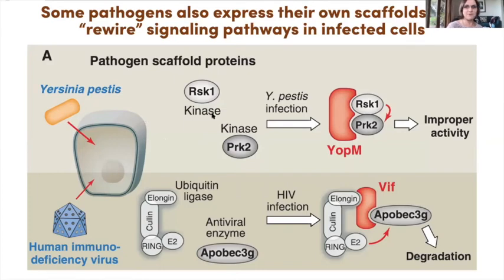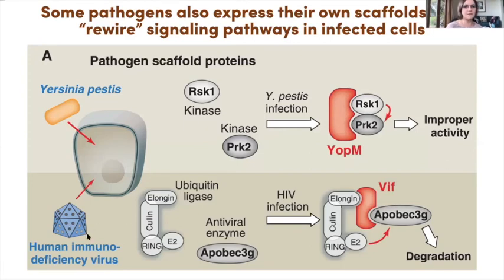That was by far the most destructive infectious disease that humans have ever seen. And so when the pathogen invades the cell, it makes this scaffold, and that actually recruits two different kinases that are made by the animal cell that don't normally talk to each other, but by putting them together, the scaffold triggers the phosphorylation of PRK2 by RSK1. And so it basically alters the activity of internal proteins.